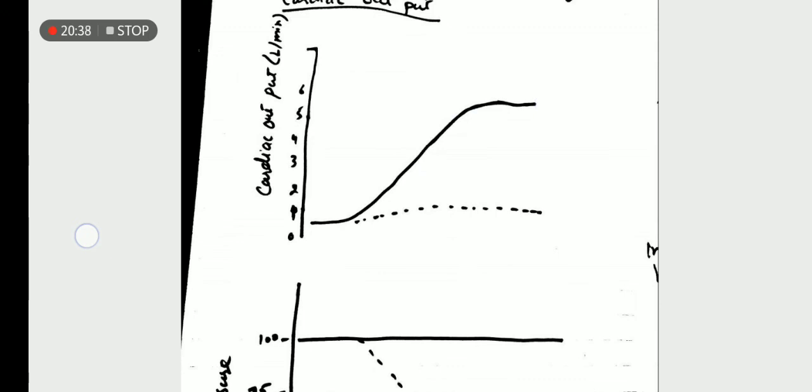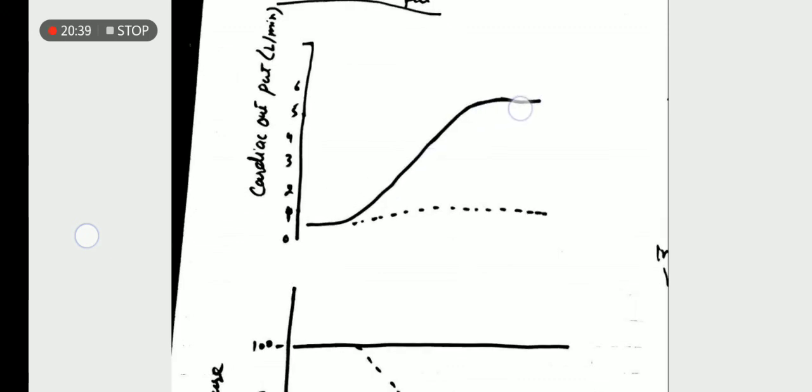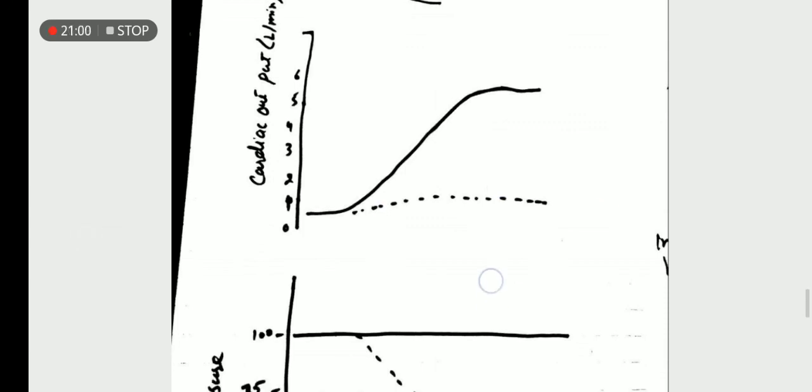This solid line shows the working of the autonomic nervous system, and this dotted line shows the arterial pressure without the working of the autonomic nervous system. If this nervous system does not work, then you can see a sharp decline in the arterial blood pressure.